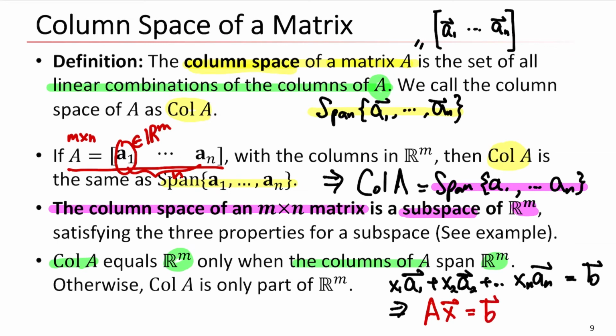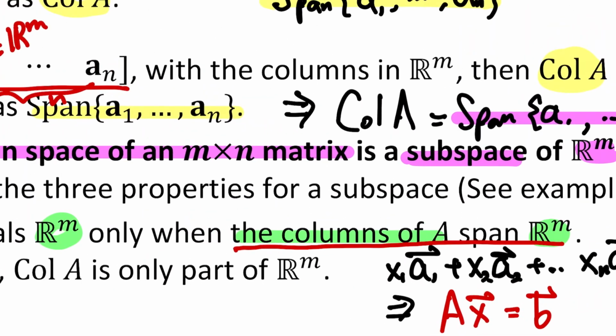So the columns of the matrix A span R^m means, okay, this is the solution space and this is the output space, right? Then let's say there is a mapping with the matrix A. So we can think this is the vector b and this is the solution x.